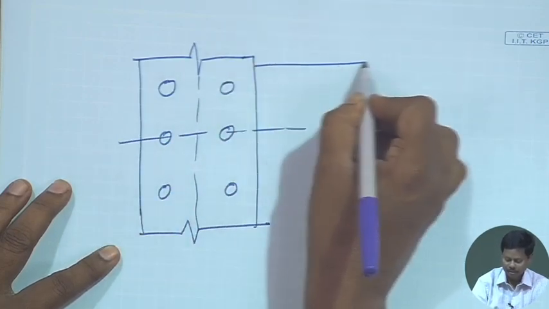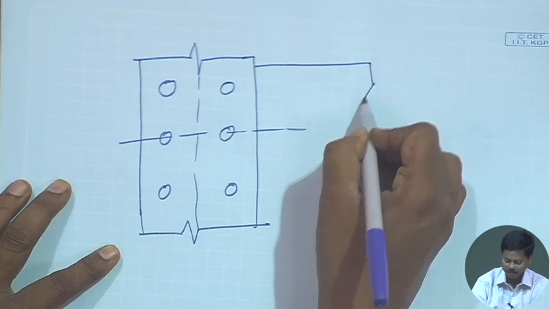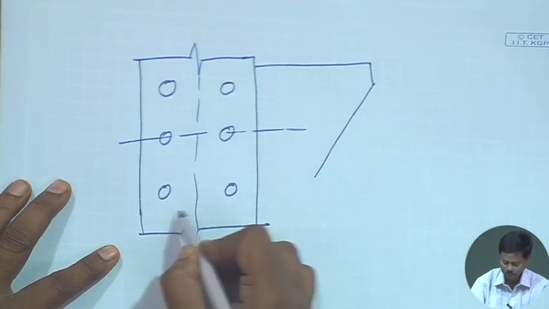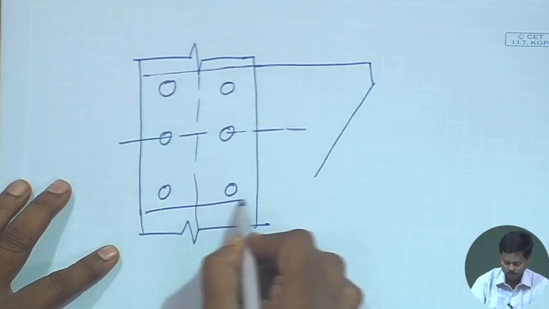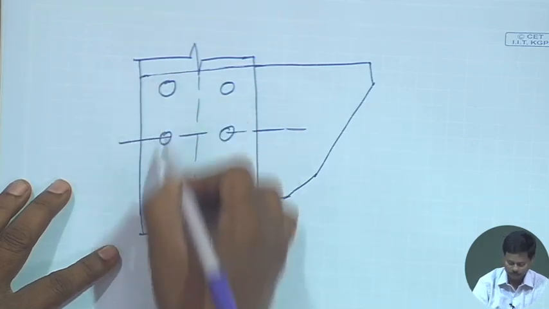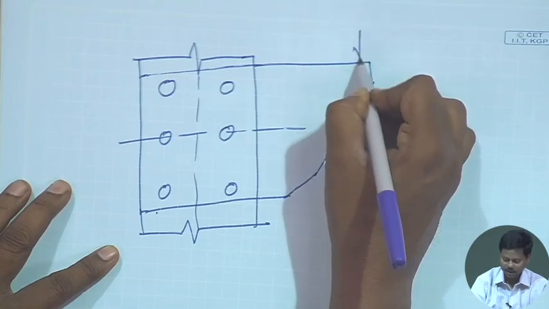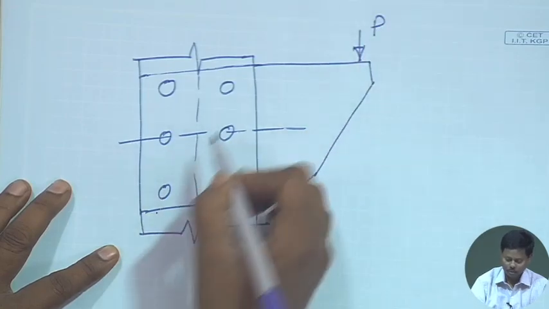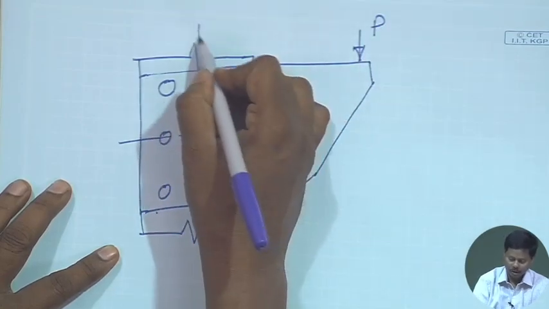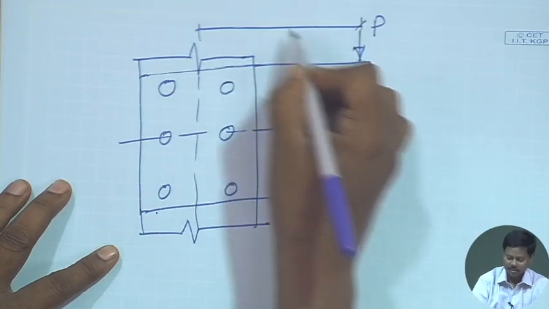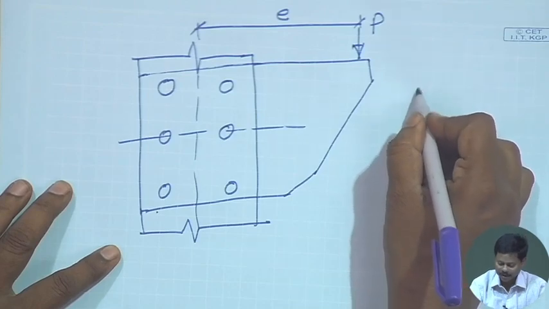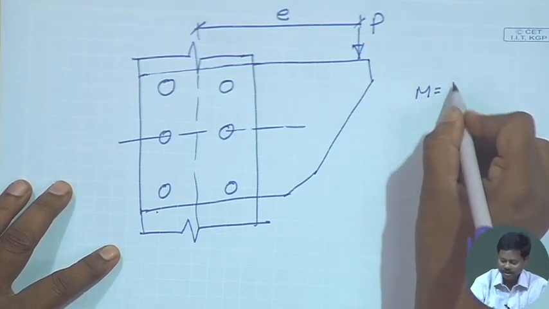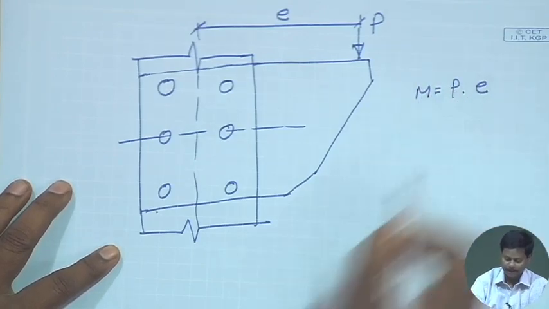The load P is acting here, so the eccentricity will be E. The additional moment due to eccentricity will be P into E.